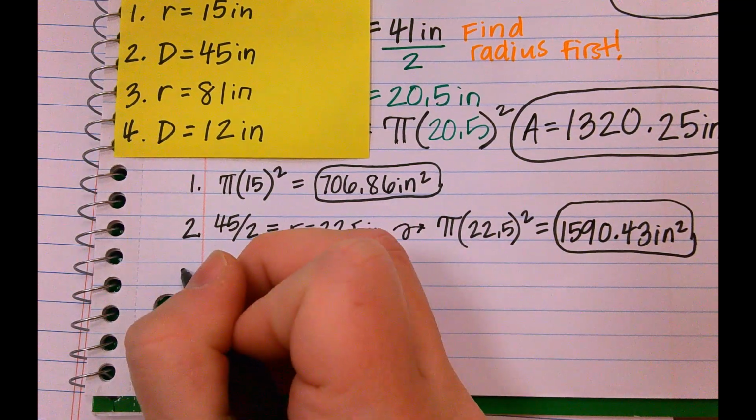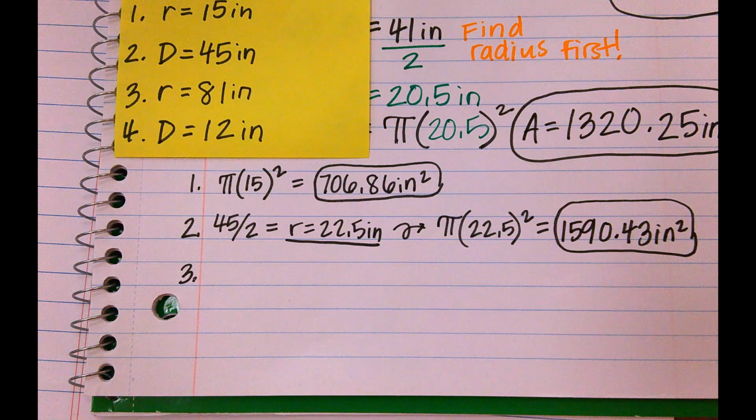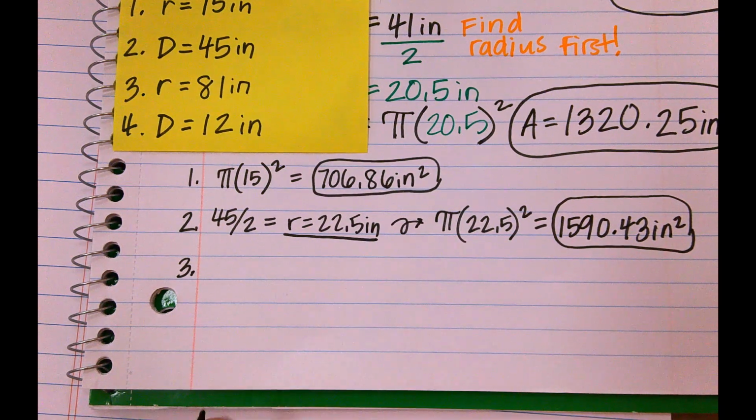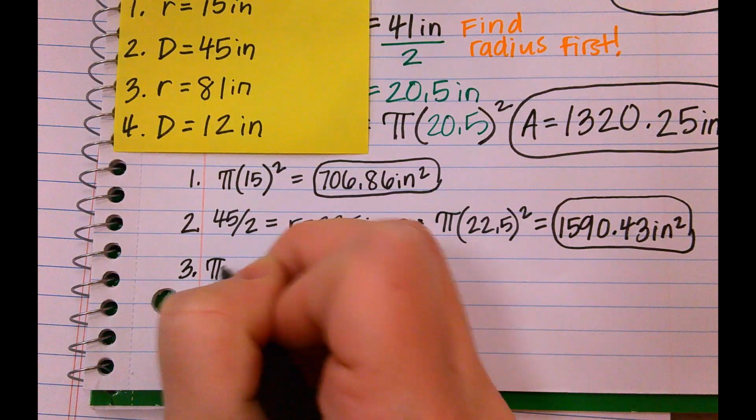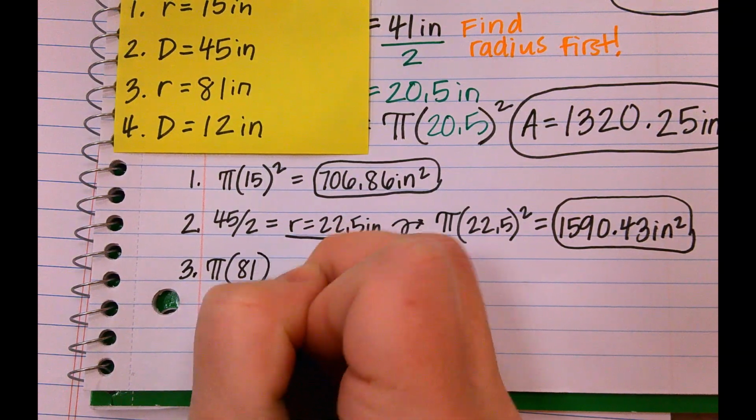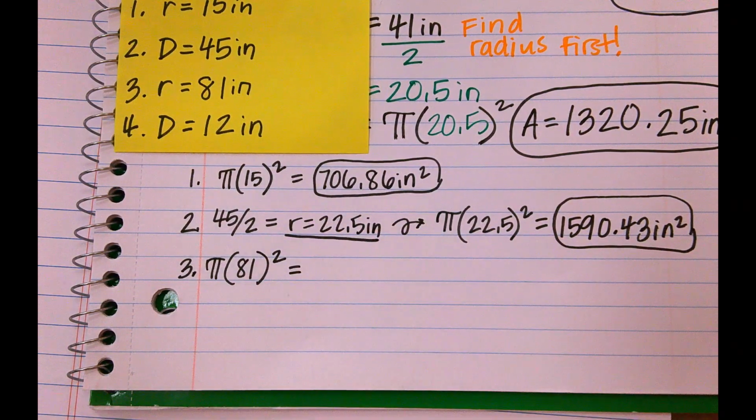For number 3, I gave you a radius of 81. Pi times 81 squared. We can just put it right in. And that gives you 20611.9894.